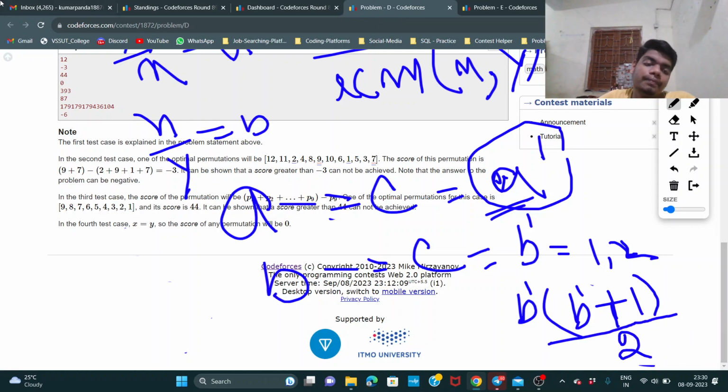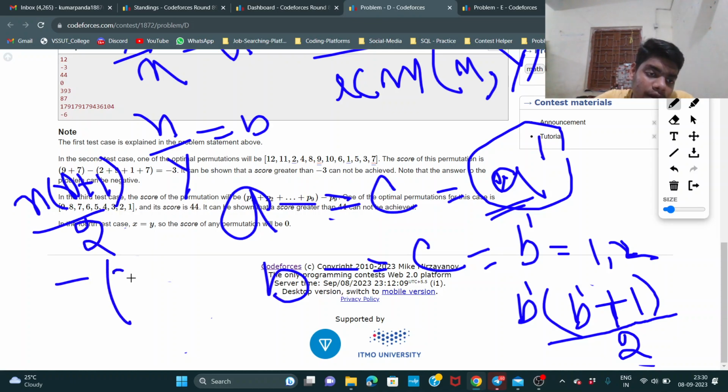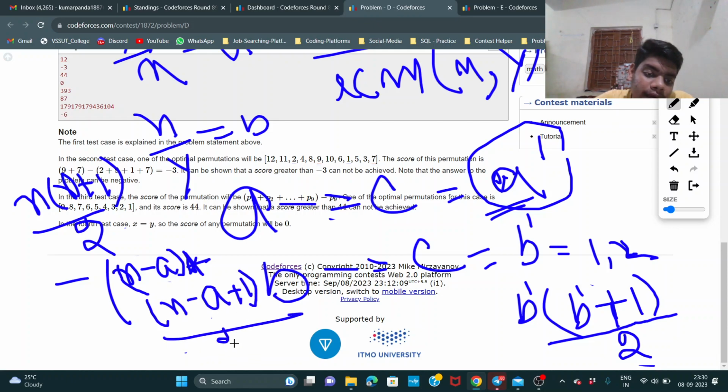by 2, and how do you find the sum of the three number from the last? So for that, just find n into n plus 1 by 2, and subtract this value with n minus a into n minus a plus 1 by 2.